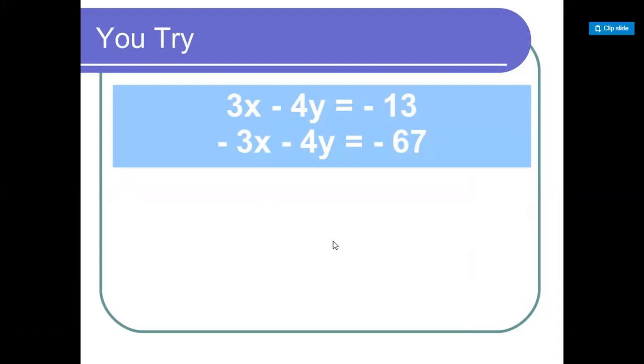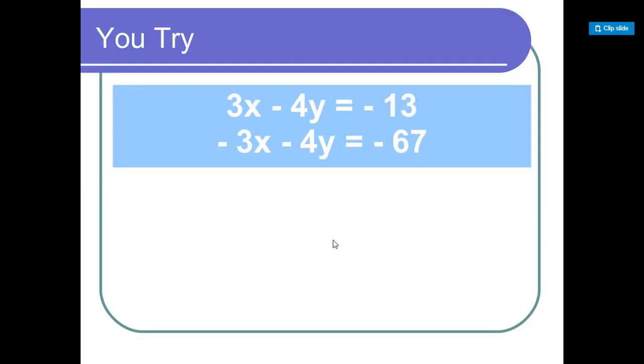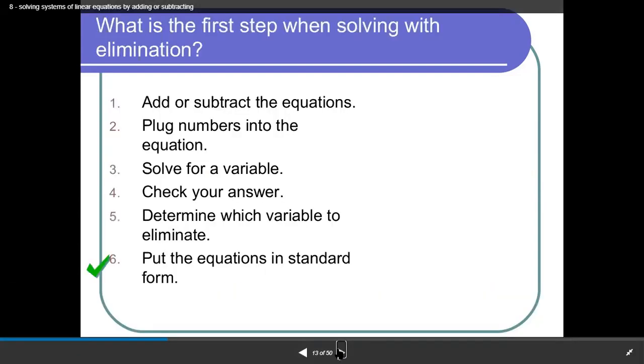Yes, 3x and negative 3x. This is the number and its additive inverse, so we will add them together. Once we add them, we will cancel x and we will keep y, and then we will continue the question.